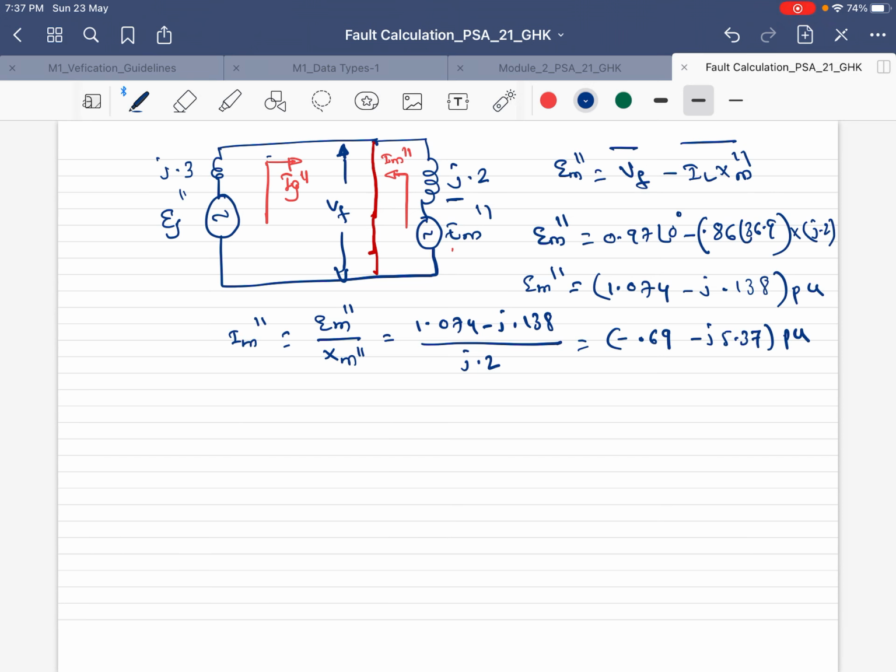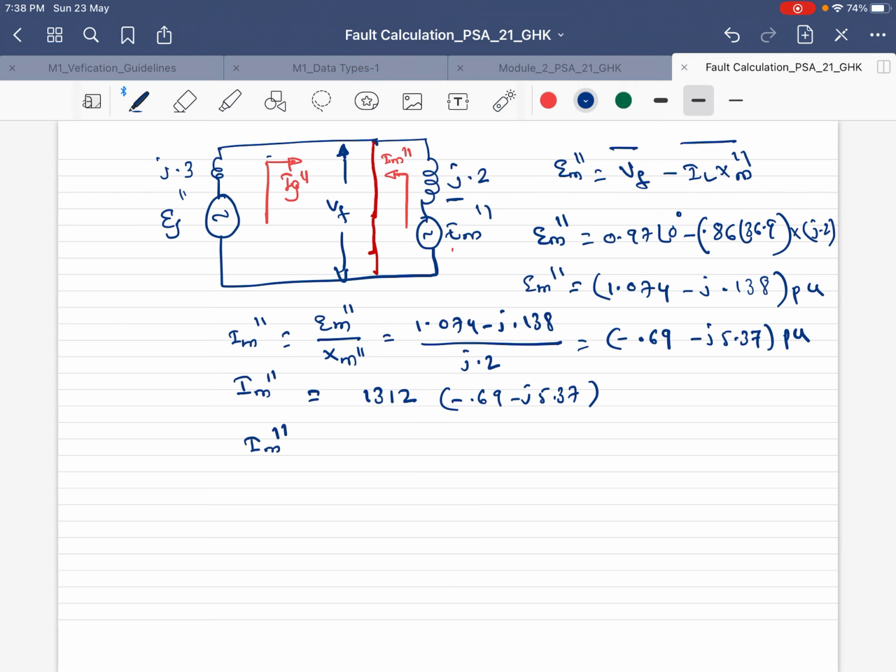If you convert this into its actual value, you multiply by the base current, that is 1312, times minus 0.69 minus j5.37.